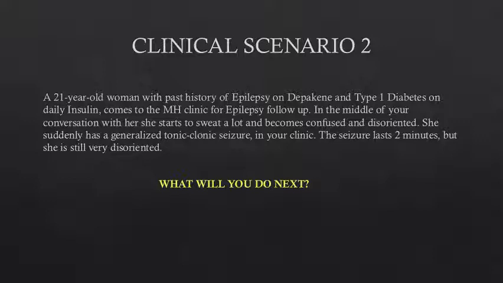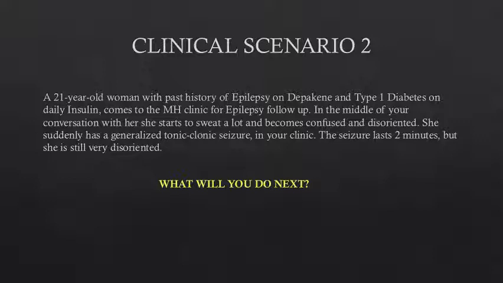Clinical Scenario 2. A 21-year-old woman with past history of epilepsy on treatment with depakine and type 1 diabetes on daily insulin comes to the mental health clinic for epilepsy follow-up. In the middle of your conversation with her, she starts to sweat a lot and becomes confused and disoriented.